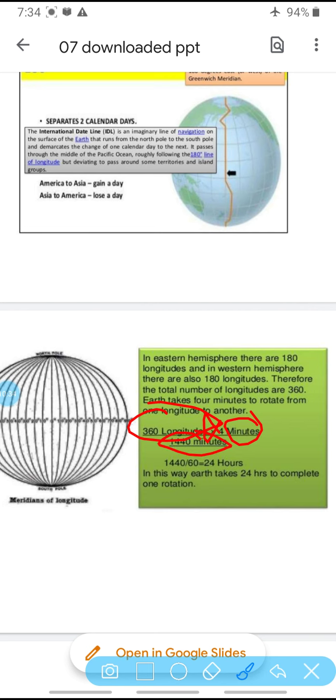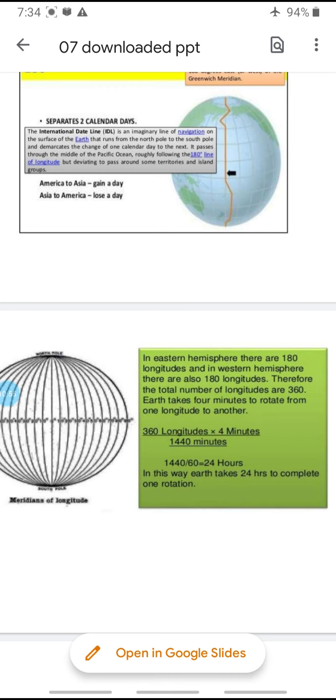And there are 60 minutes in 1 hour. So what we will do is divide 1440 by 60. What will come? 24 hours. So the earth completes one rotation on its axis in 24 hours. So it is the day and night both.